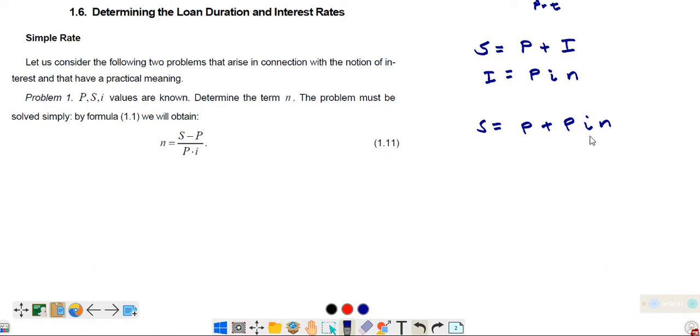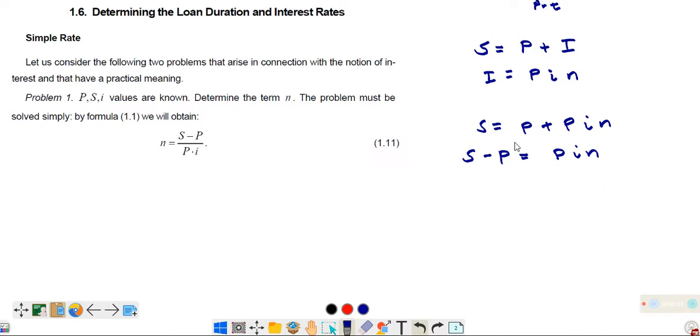We need to isolate N, so we need to remove P and PI from the right side. Using the addition property of equality, we have S minus P is equal to P times I times N. So, we removed P on the left side by subtracting P from both sides.